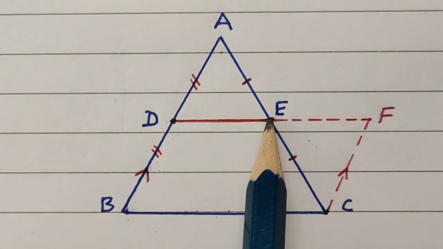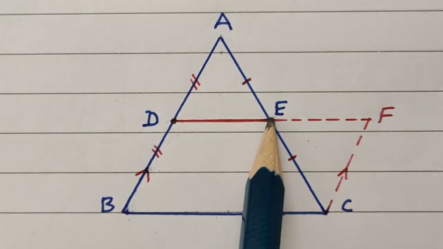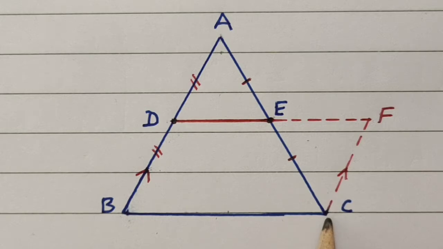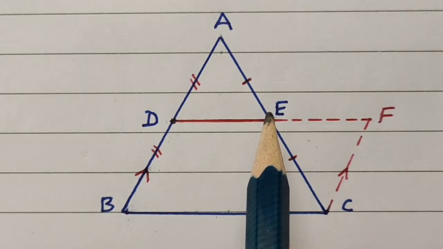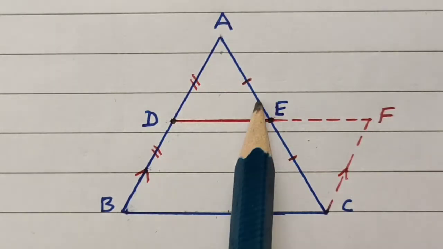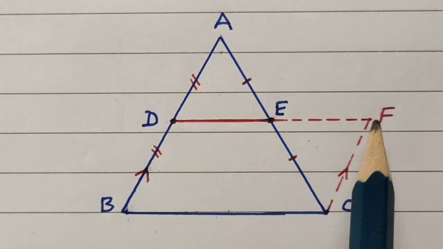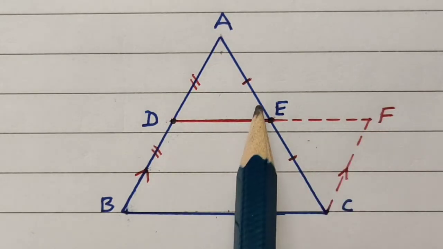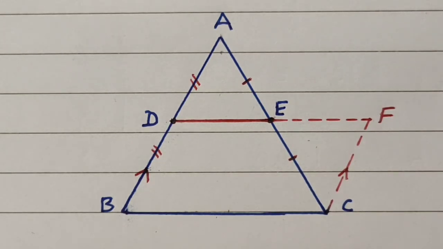We know that E is the midpoint of AC, therefore length AE is equal to EC. And we also know that vertically opposite angles are equal. Angle AED is equal to CEF because these two are vertically opposite angles.